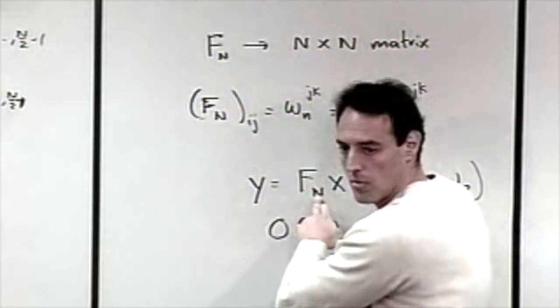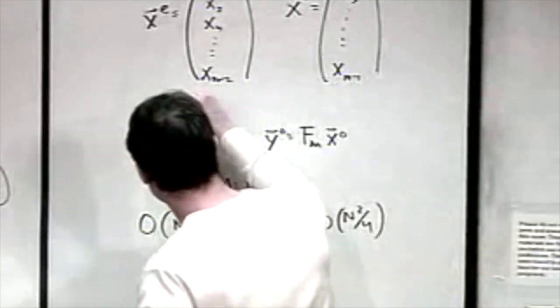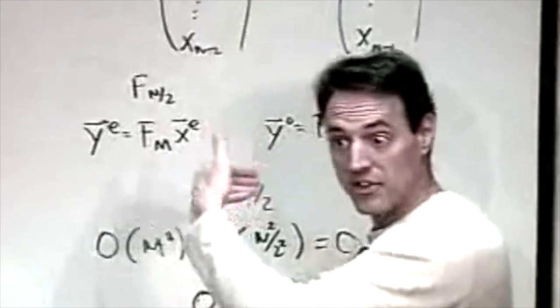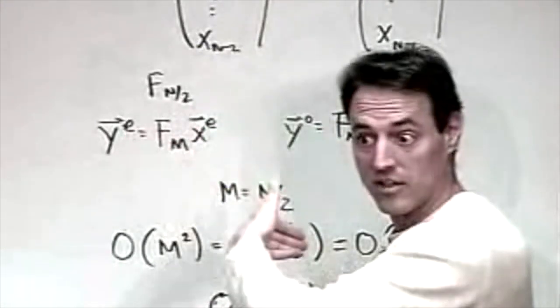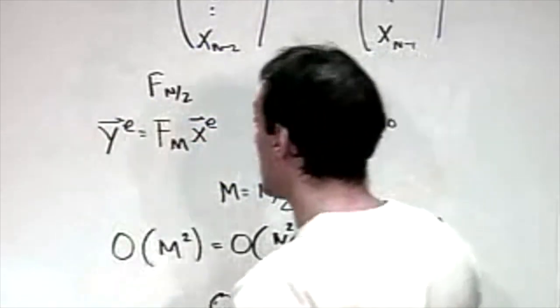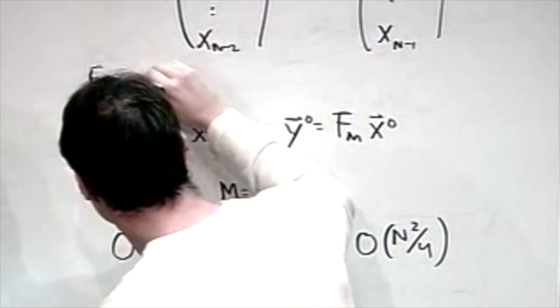We said there's a very specific relation between f of n and f of m, where if you use the fact that this thing had this structure where you square one, you get back to the other one, so that there's a specific relationship between f of n and this.